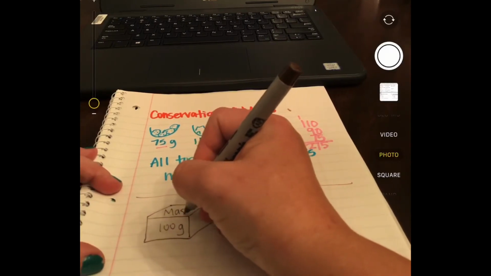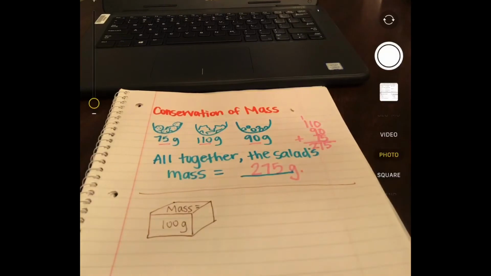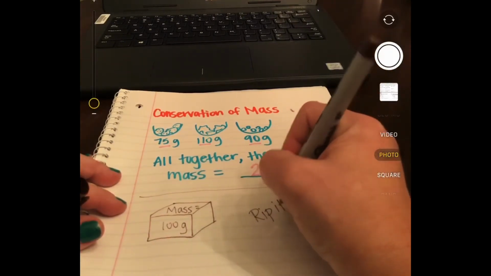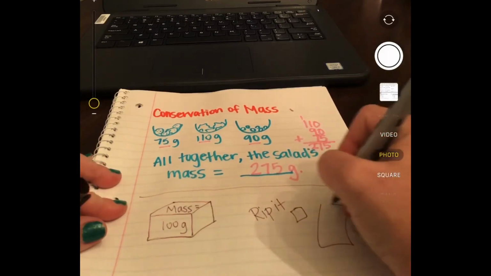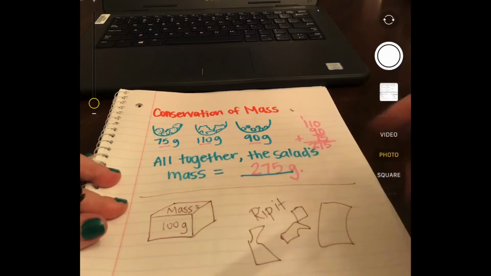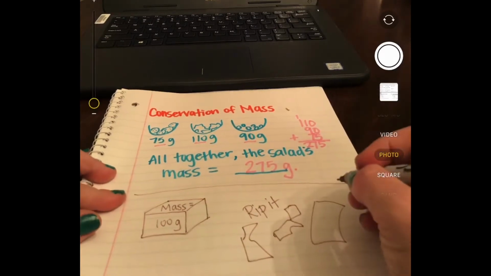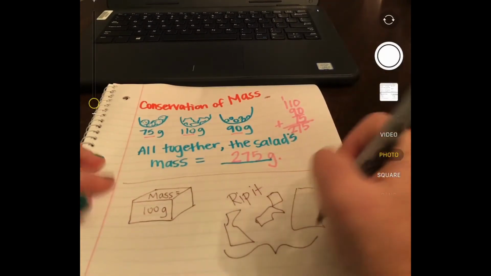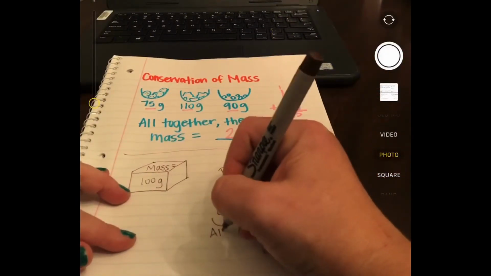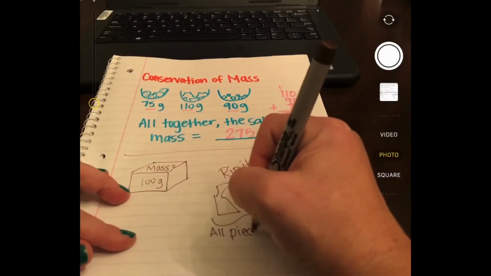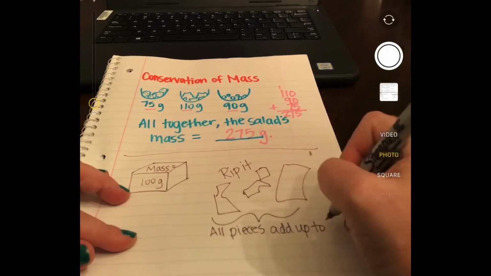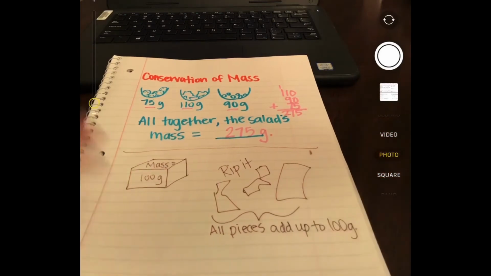That's our mass. And then we rip it apart into lots of random pieces. What does it all add up to? You need to write that all the pieces add up to 100 grams.